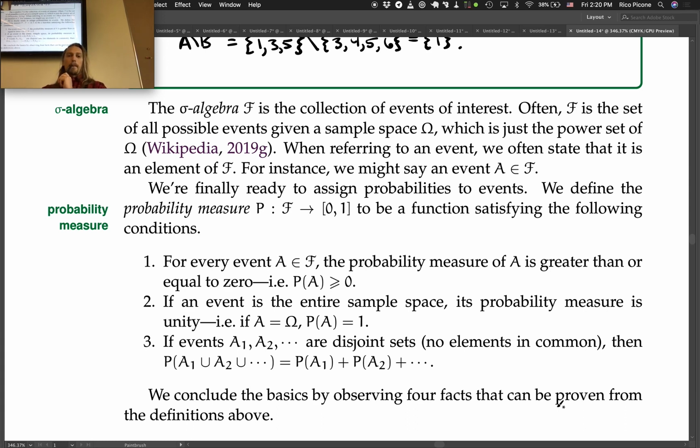Three, if events A1, A2, etc. are disjoint sets, which means they have no elements in common, then the probability of the union of A1, A2, etc. is equal to the sum of the probability of each of these. Essentially, since they're disjoint, there's no overlapping that's happening.